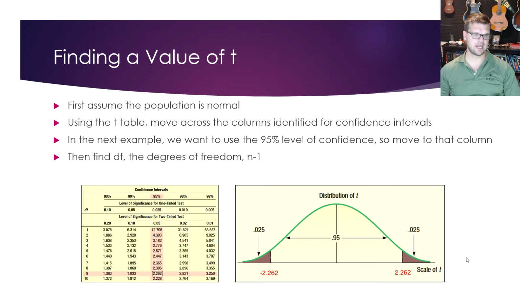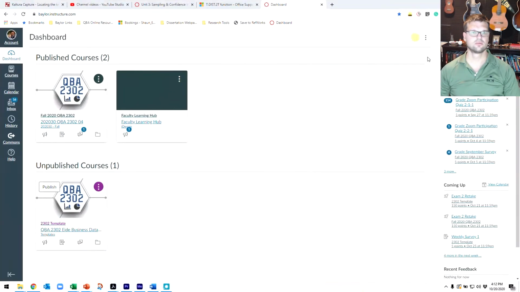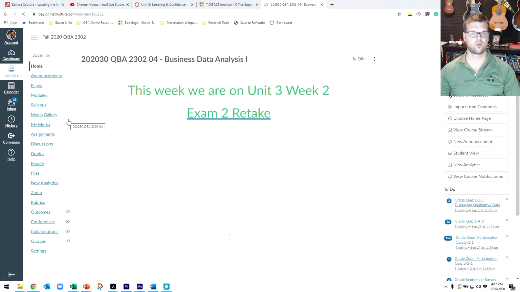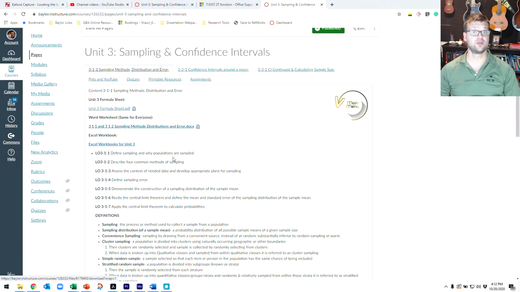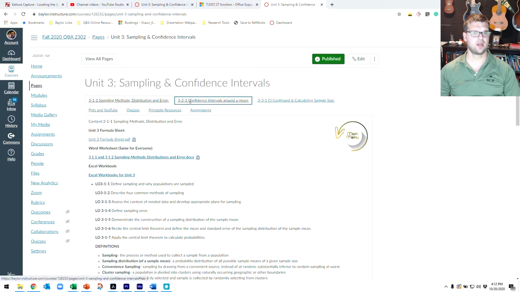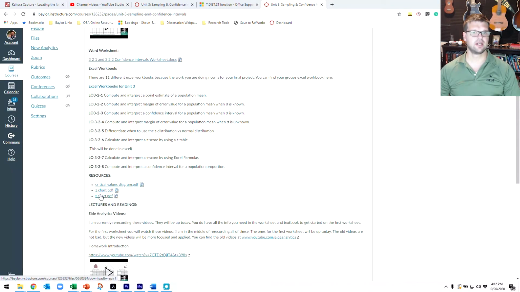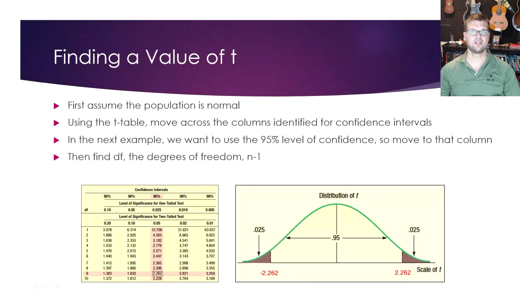I make the t table available to you on Canvas, so I would encourage you to go to Canvas under Unit 3, scroll on down, go to 3.2.1, and you can download the t-chart right there. I'm going to pull up the t-chart really quick, and we've got this t-chart right here.